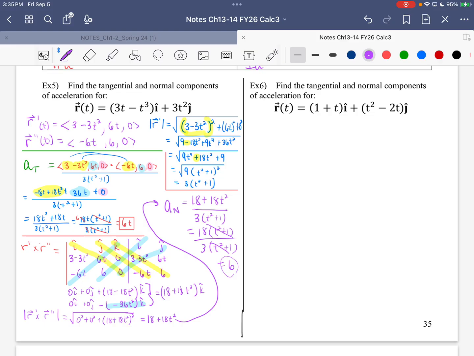Okay, so it says 4. No, not 2. There was no K anymore, just 2.